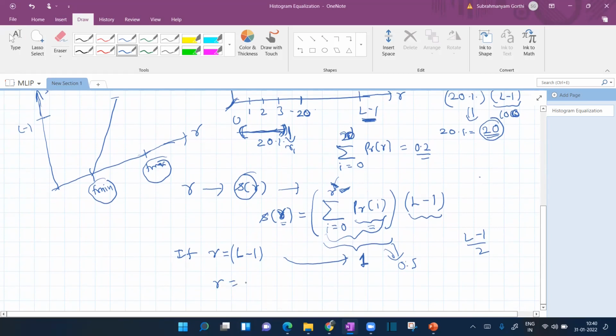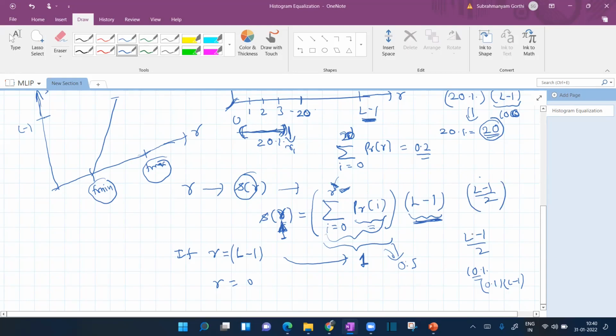Of course, when your R equals 0, it will look at how many values are there. For example, if 10% of values are there, it will move it to 0.1 times L minus 1. So by the time for a particular value of R, if 50% of pixels are there with that and values before that, you would assign it a new intensity of L minus 1 by 2.